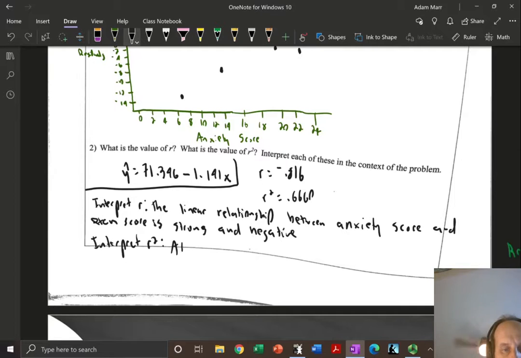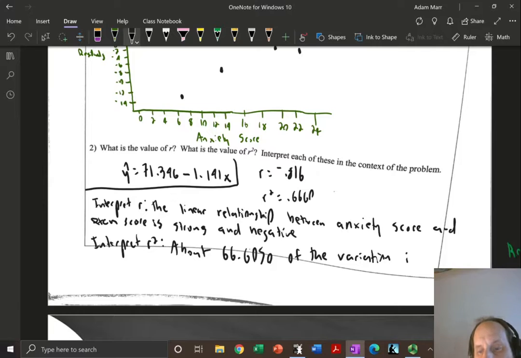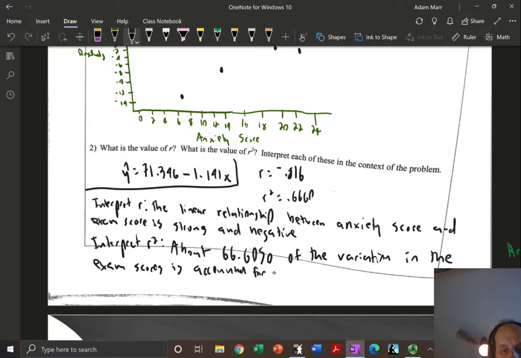So we'll say about 66.60% of the variation in the response variable, which is exam scores, is accounted for by the least squares regression model.